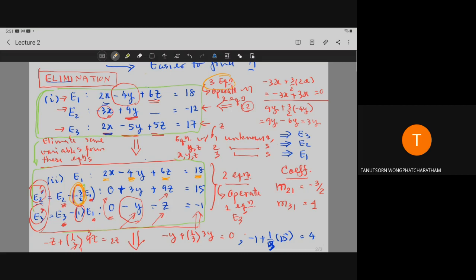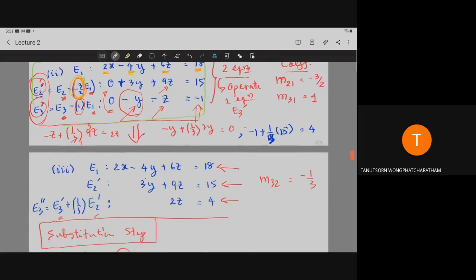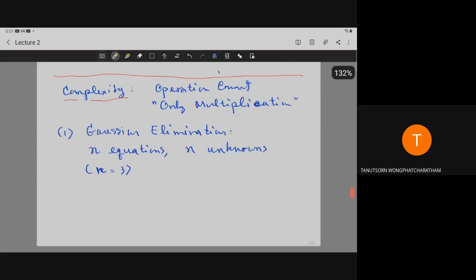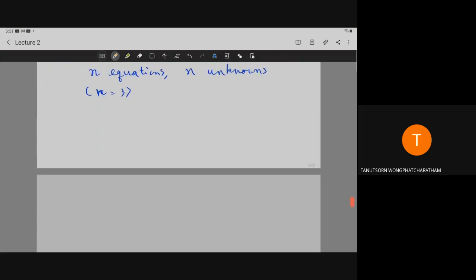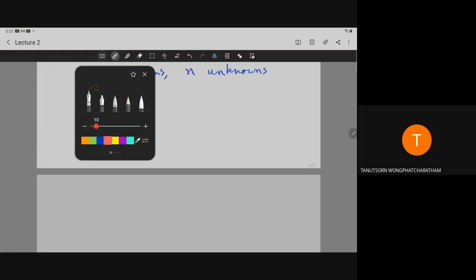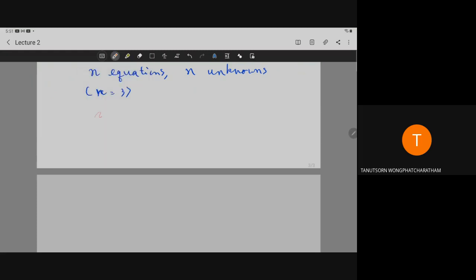So in general, we start from n equations, and we work on n minus 1 equations, the number of equations to do elimination.